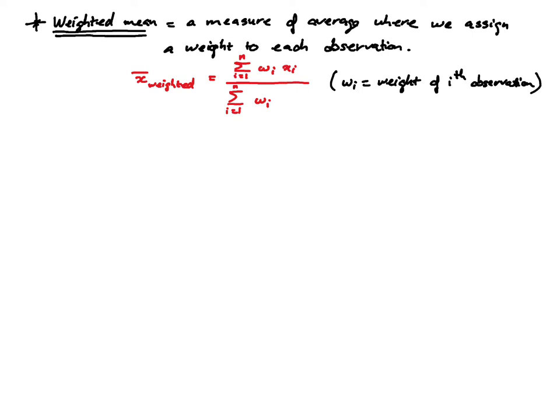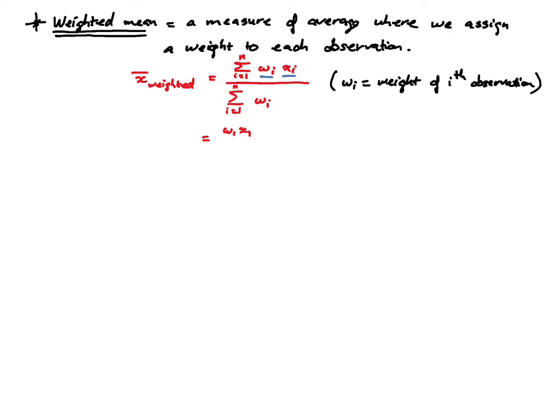So what does this formula tell us? It tells us that for each observation, we want to compute the product of the value of that observation and the weight associated with that observation. So for the first observation, we're gonna have omega 1 times x1.